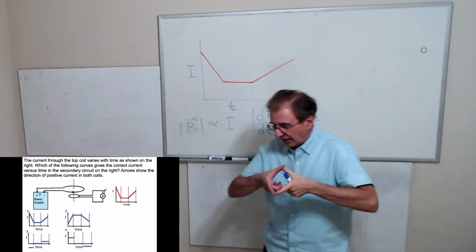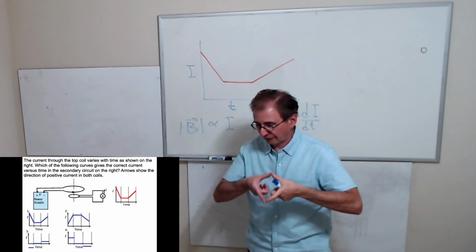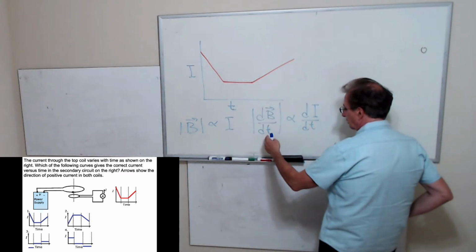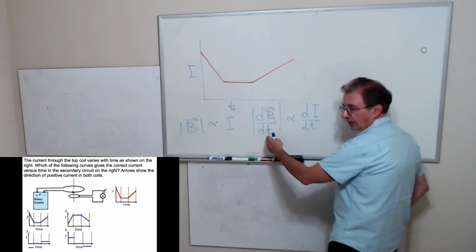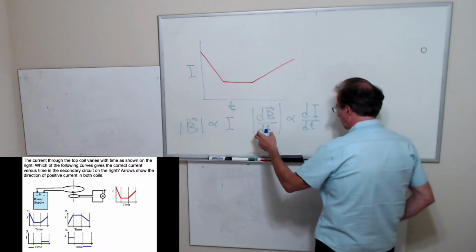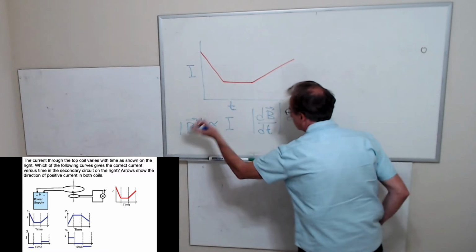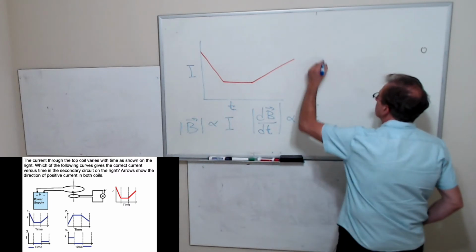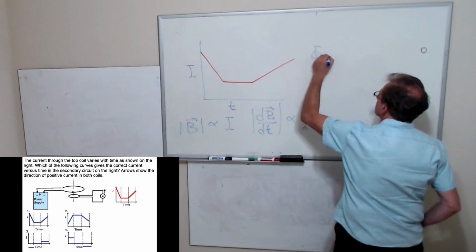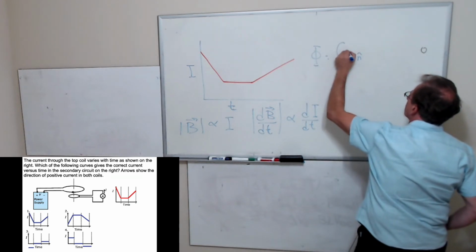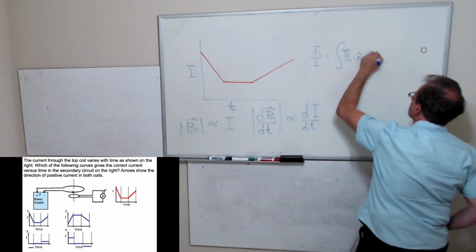And then you have a nice loop of wire, a fixed area. Then this is going to be proportional to the flux, because the flux is the integral of B dot n dA.